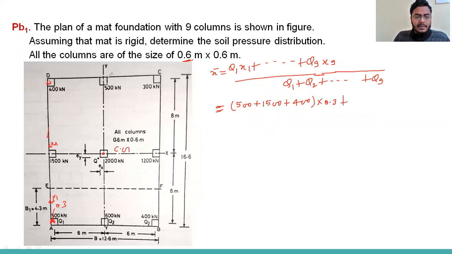Now we'll calculate for the next 3 loads. So we can write 600 plus 2000 plus 500, and these are all at a distance of 6.3, since the total is 12.6. We can write 6.3 plus.